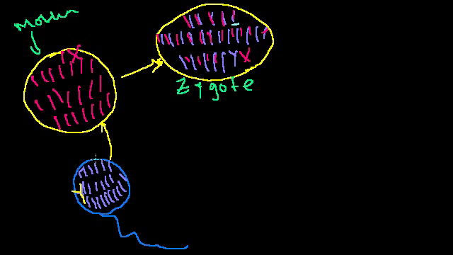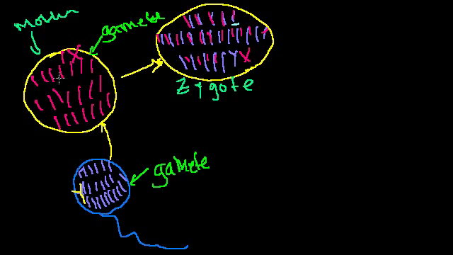And it's a product of fertilization between two gametes. So that's a gamete, and this is a gamete. You can view both a sperm cell and an egg cell as examples of gametes.